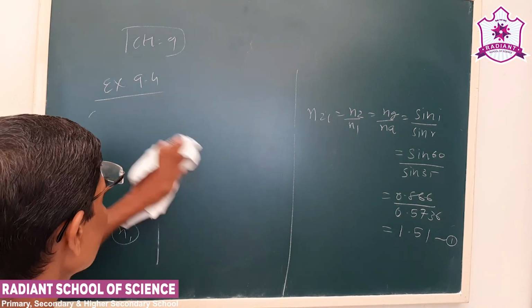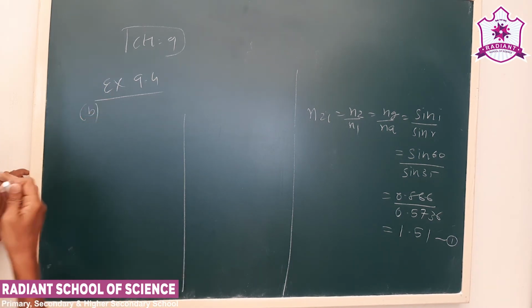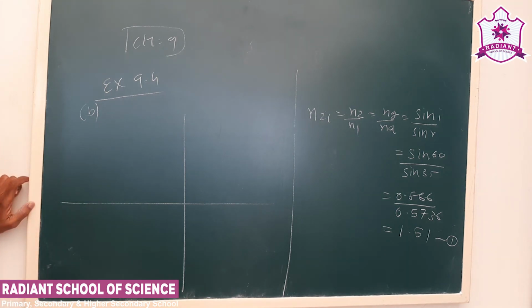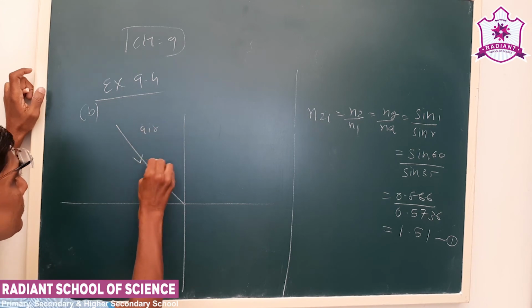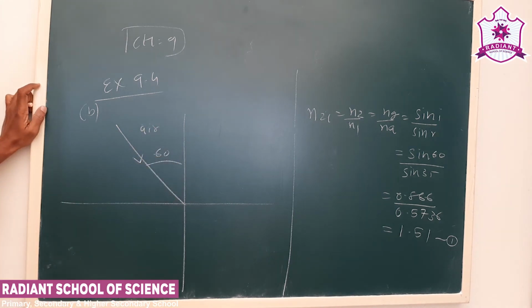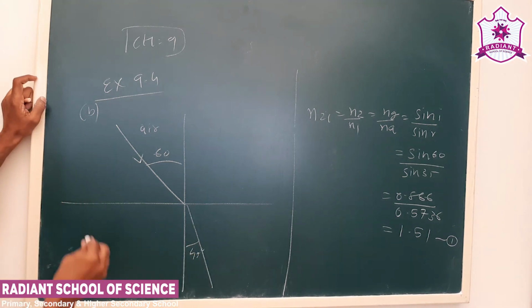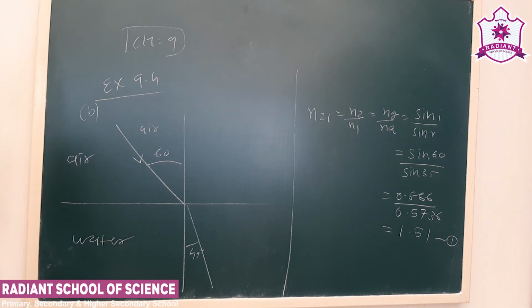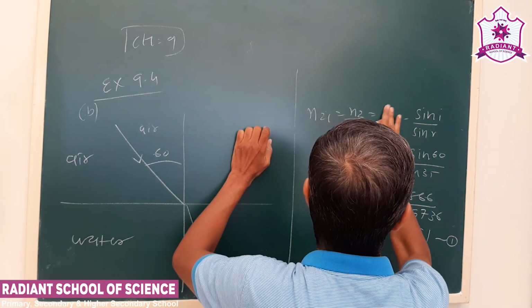Now see the second diagram, that is B. See, ray travels from air to water. Angle is 60. Now see the angle of refraction is given as 47 degree. Now in that case we have to obtain the refractive index. See here N21 will be N2 upon N1, that will be Nw.